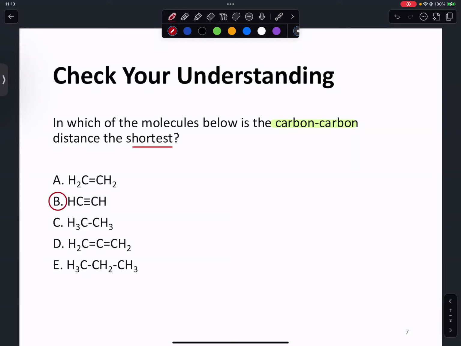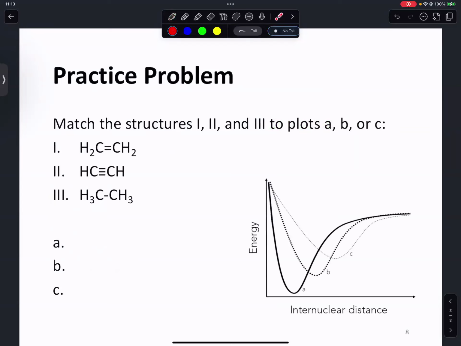Another type of question is you can be given a plot of the energy versus the internuclear distance and asked to match it to one of these three molecules right here. Especially we're looking at the carbon-carbon bond in this example.